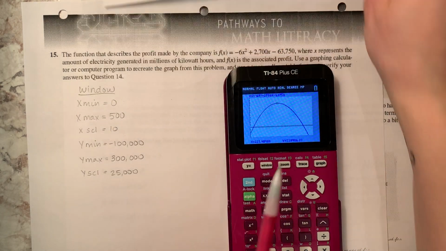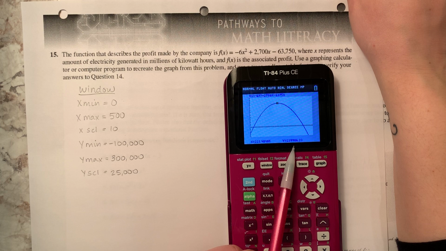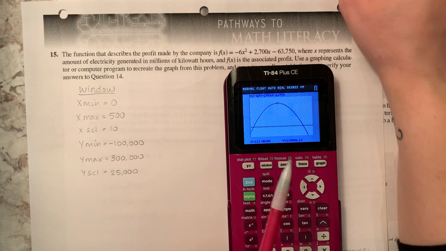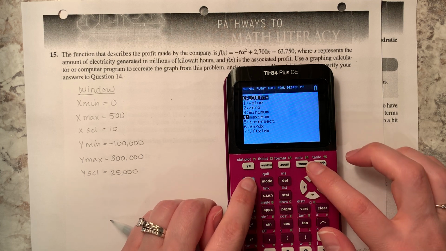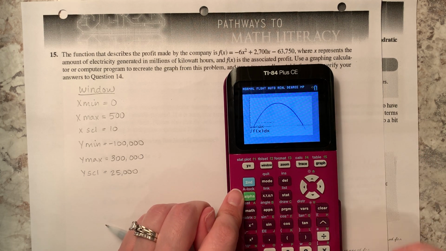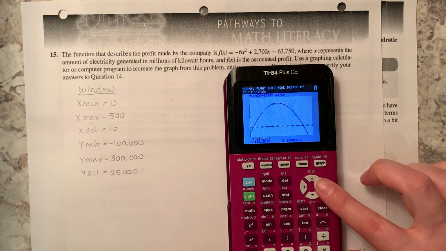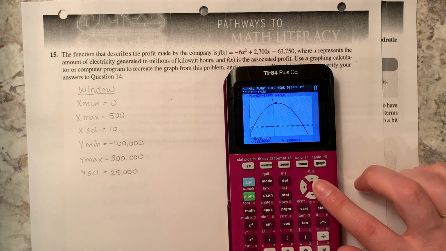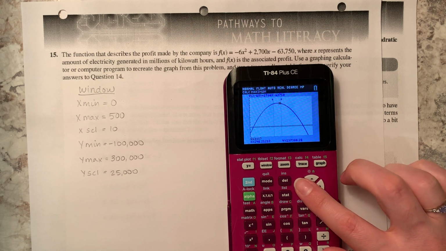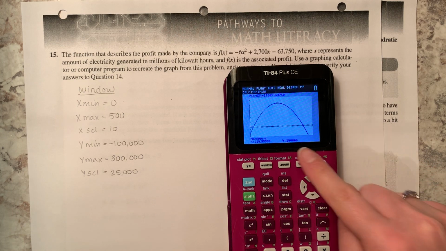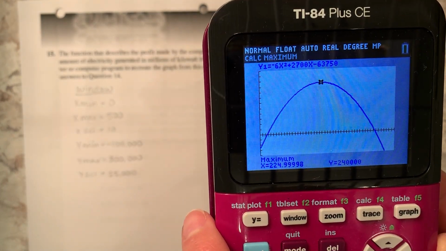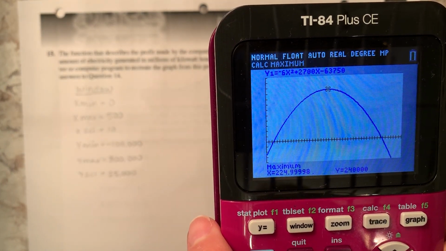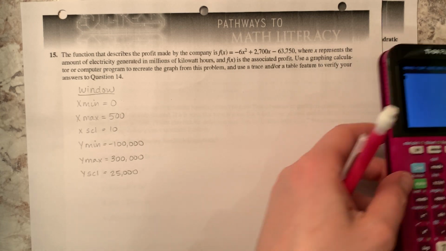We said it would be 240,000, and my calculator is saying 239,986. If I wanted to do a more accurate procedure, I could do second trace and go to calculate. This you hopefully did in Algebra 2. Go left bound, go right bound, guess in the middle, and it does verify 240,000. Okay. All right, moving on.